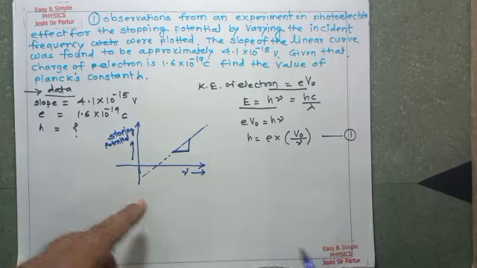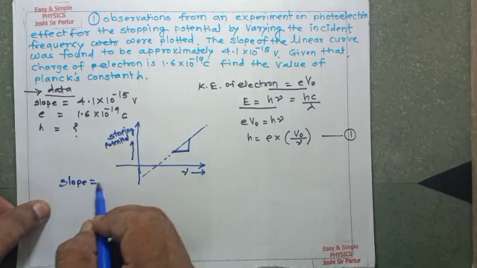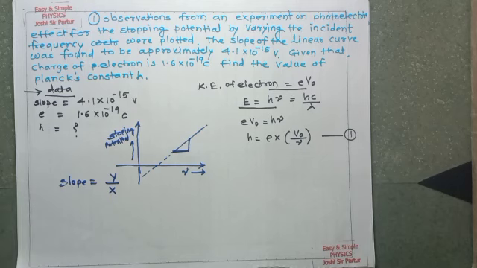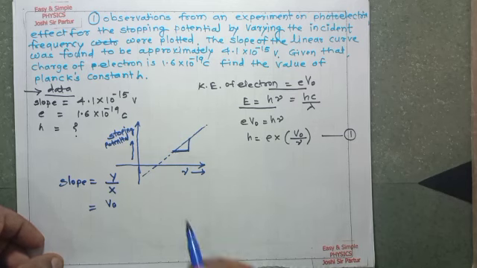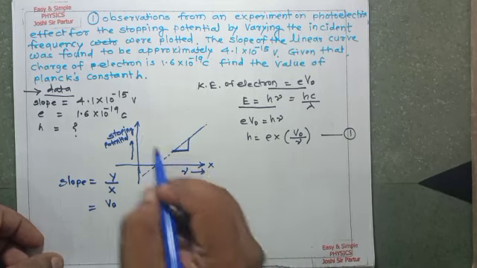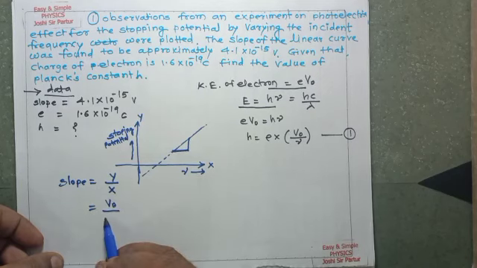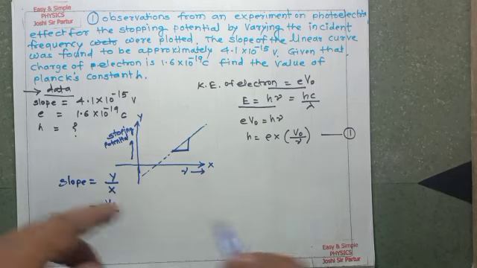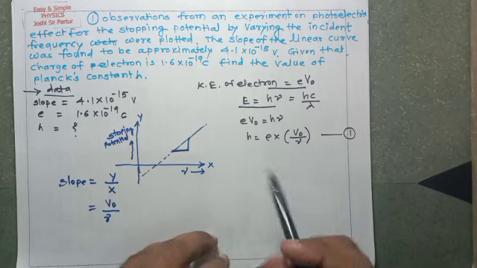Then if we want to find the slope, we know that slope is equal to y-axis divided by x-axis. On the y-axis stopping potential is there, and on the x-axis incident frequency nu is there.